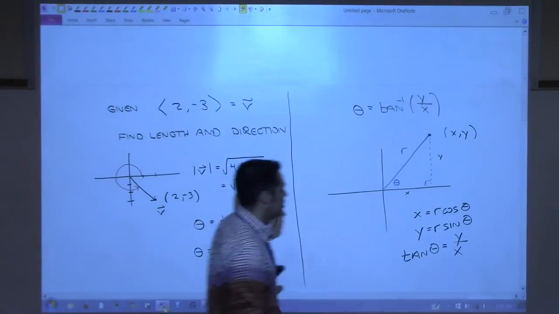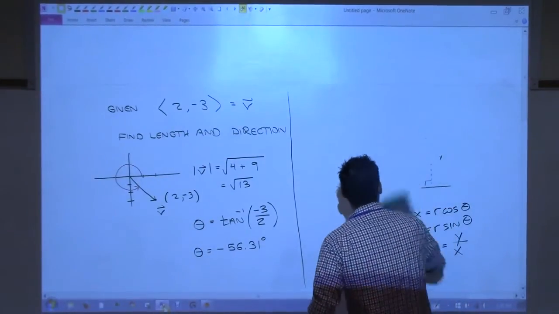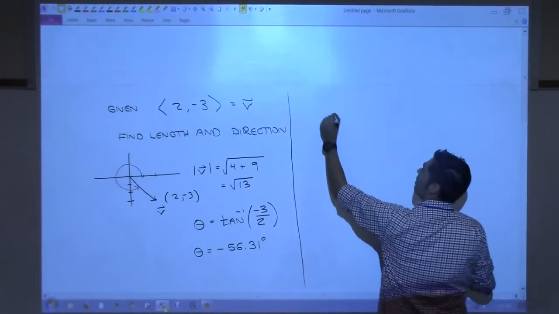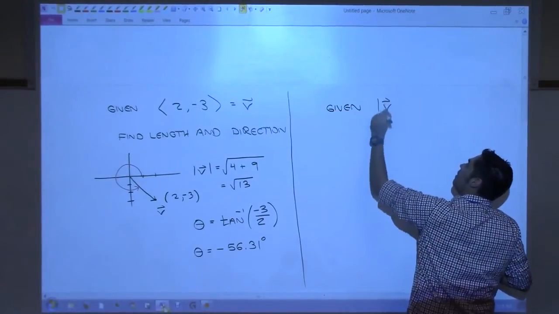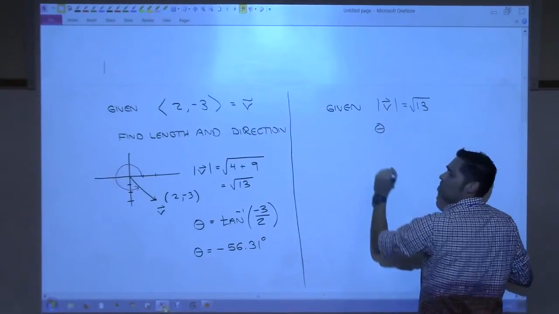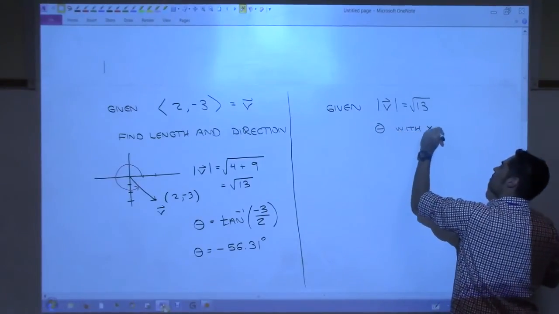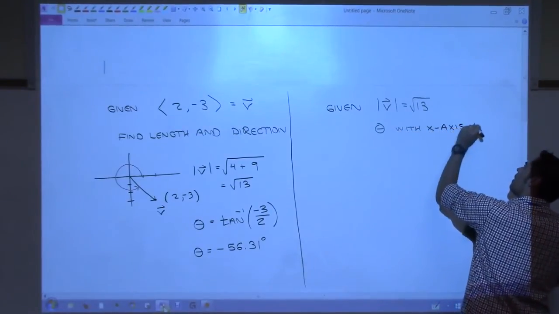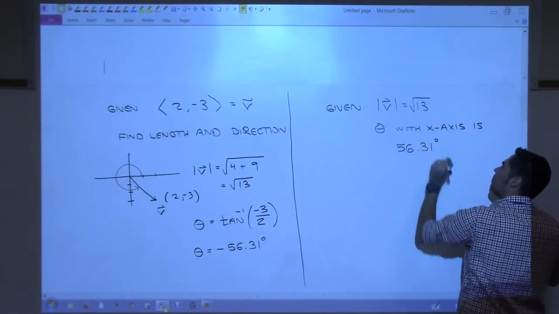Let's go the other way, though. Let me tell you that we're given some vector v, that its magnitude is √13, and that its angle, theta, with the x-axis is 56.31 degrees.